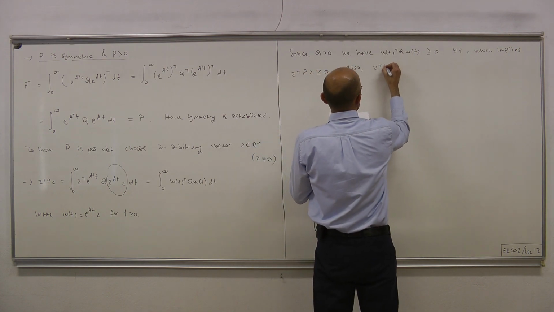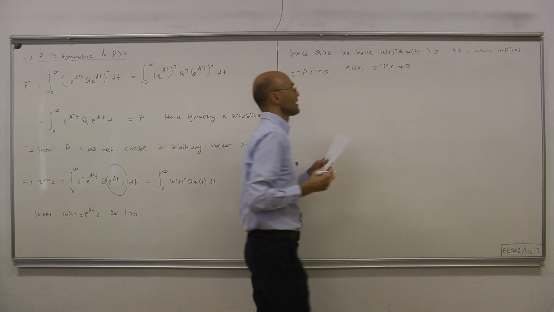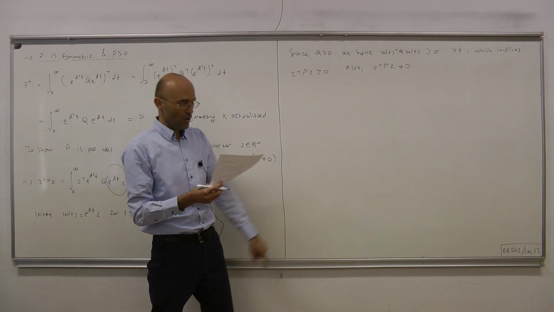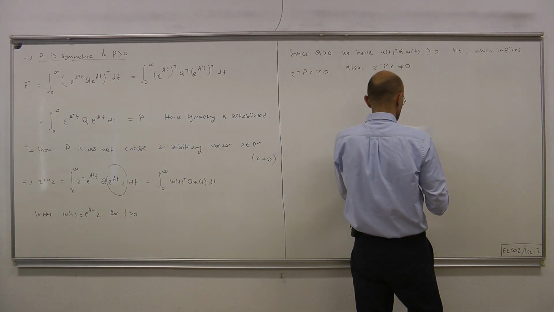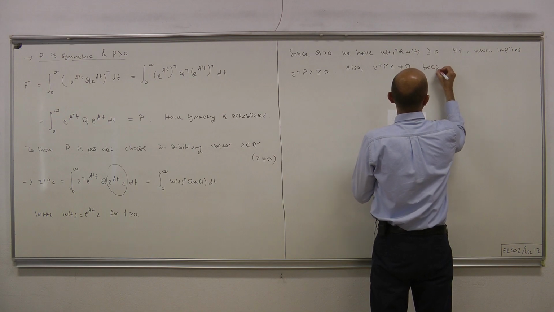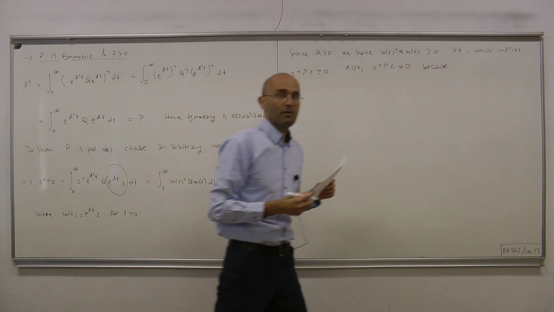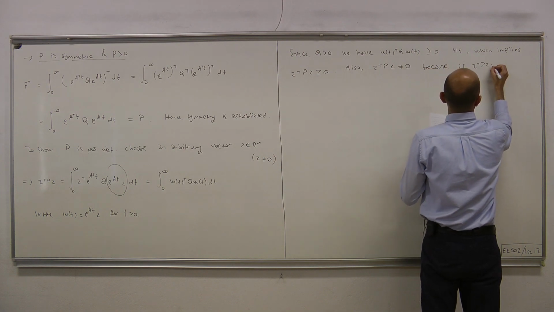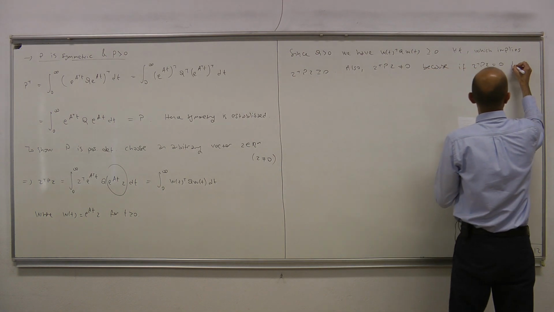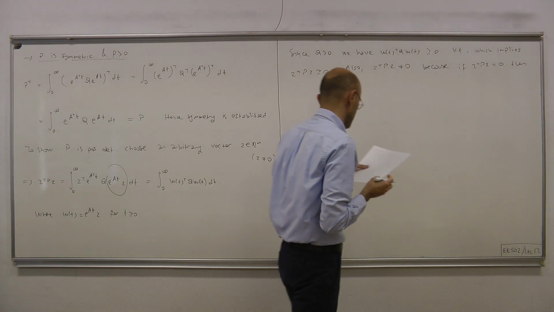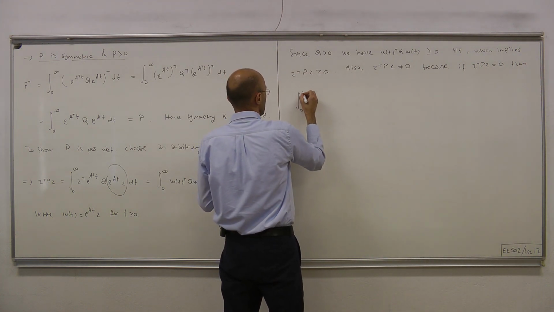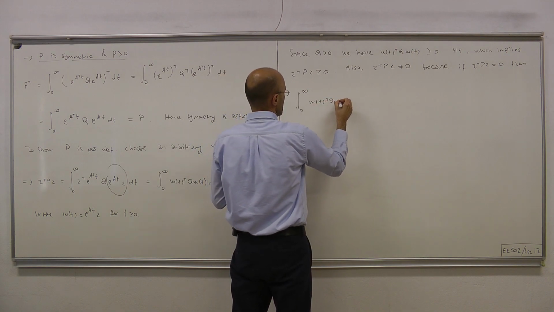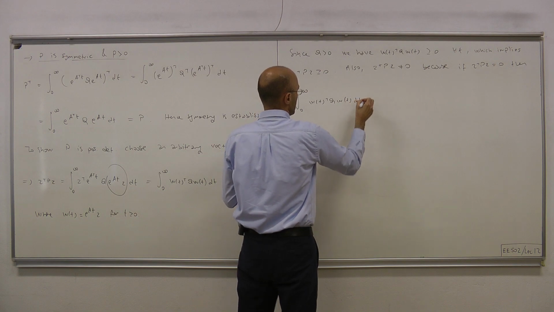Also, z transpose Pz has to be strictly positive, which implies that it cannot be 0, because otherwise we would have the following contradiction. If z transpose Pz were 0, then we would have the integral from 0 to infinity of w(t) transpose Q w(t) dt.